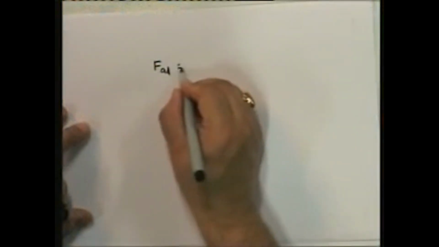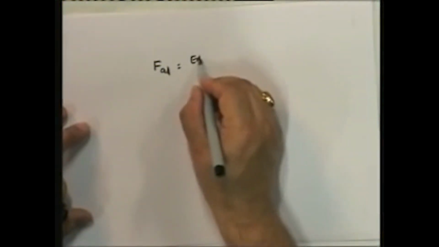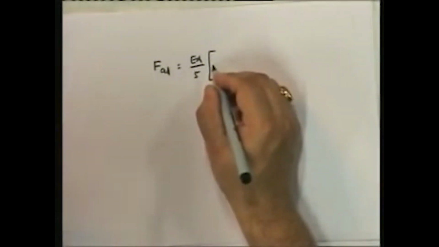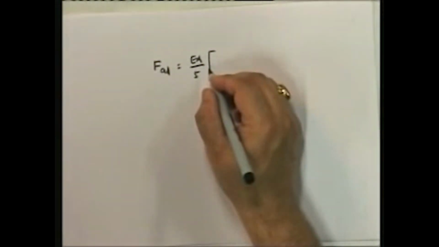now how do we find out these values? Once I've got R1 and R2, all you need to do is substitute, and you can get F_AD is equal to EA by 5 into, what is R1?